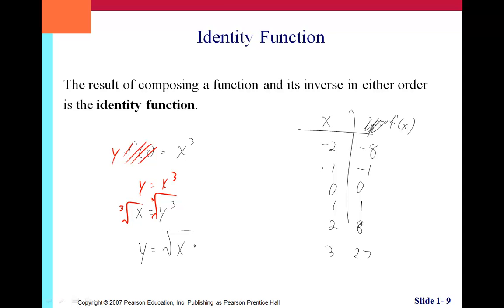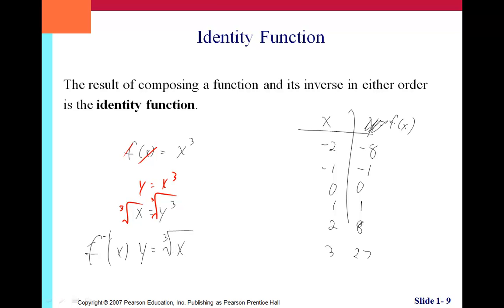I'm sorry, that 3 should be, here we go. So this is the cube root of x. This is f inverse of x. So the original function is f of x is x cubed, so your inverse function is the cube root. Whatever this does, your inverse function is going to kind of undo it.